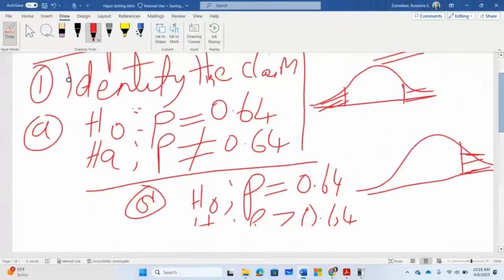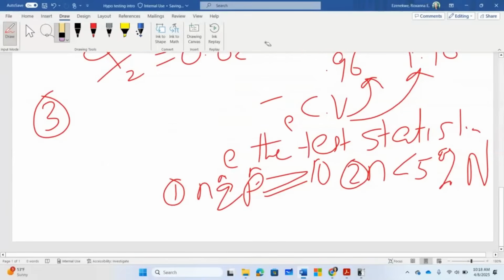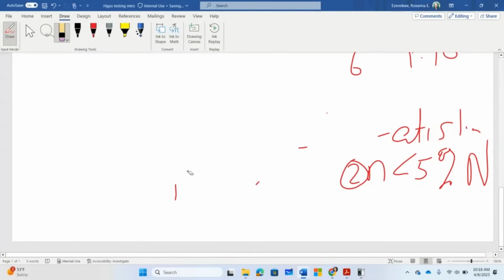Number 5 is make a conclusion. So the next one is write the equation and conclude.